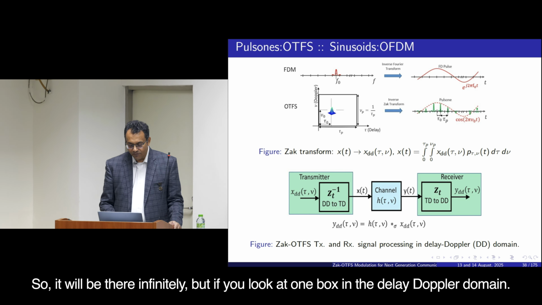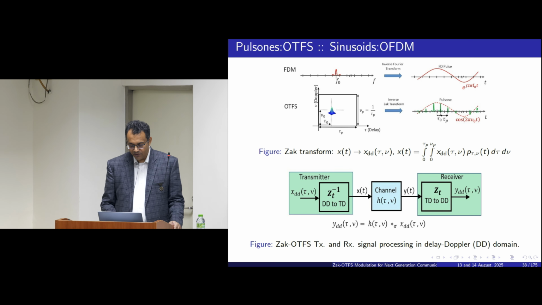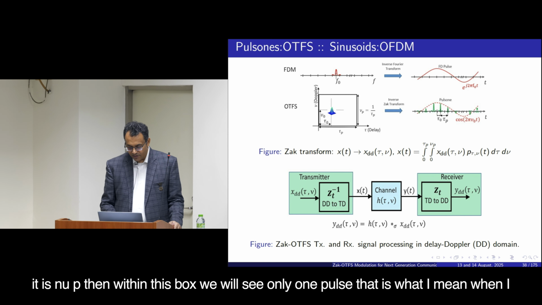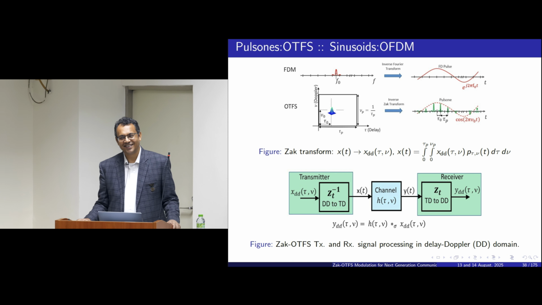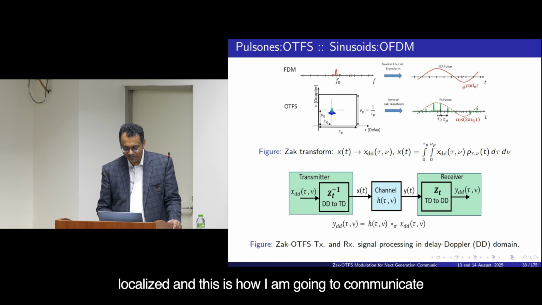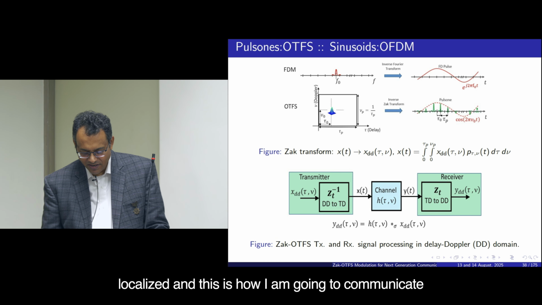But if you look at one box in the delay-Doppler domain, so let us say you have this box which is tau p along the delay domain, along the Doppler it is nu p, then within this box you will see only one pulse. That is what I mean when I say it is quasi-localized, okay. So it is kind of localized but not really localized, okay. And this is how I am going to communicate.